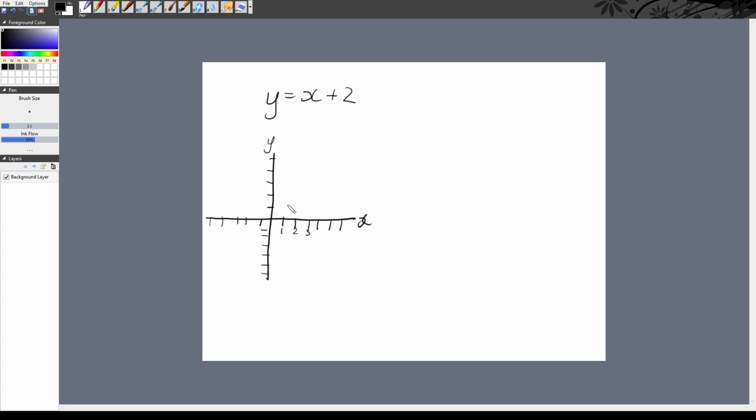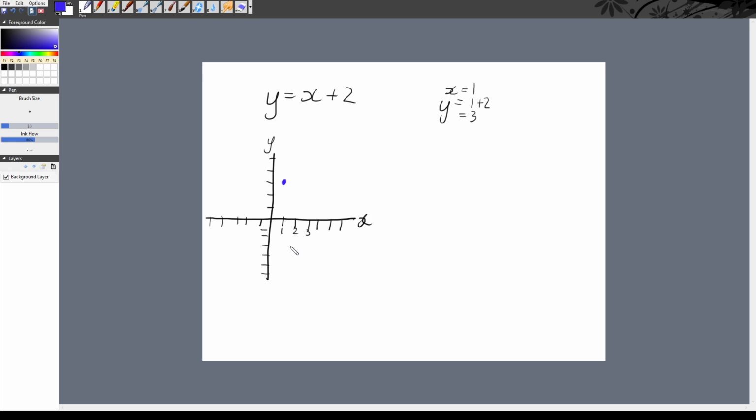So if we have a value of x equals 1, what does y equal? Well, y equals 1 plus 2, which is equal to 3. So when x is equal to 1, y is equal to 3.